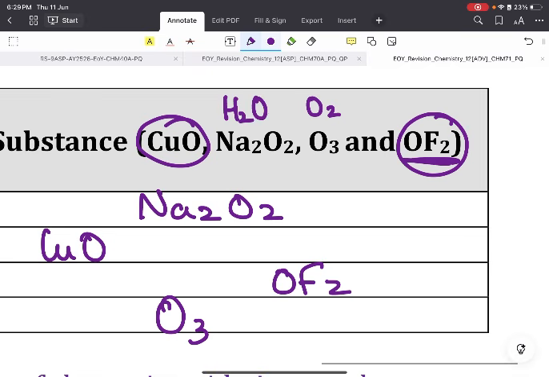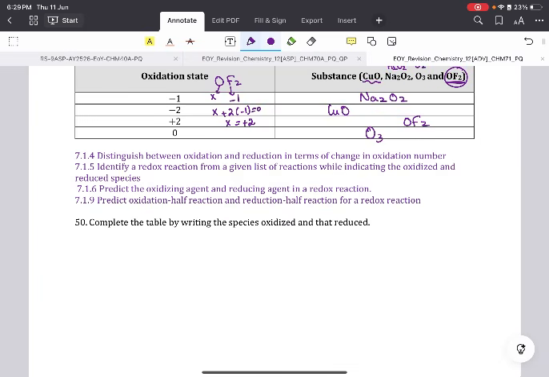O being -1, here's another example: you will always see it like 2, 2, like H2O2, Na2O2, Li2O2, let's say K2O2, it's a peroxide. And anything else, the rest in compounds, is going to be -2.